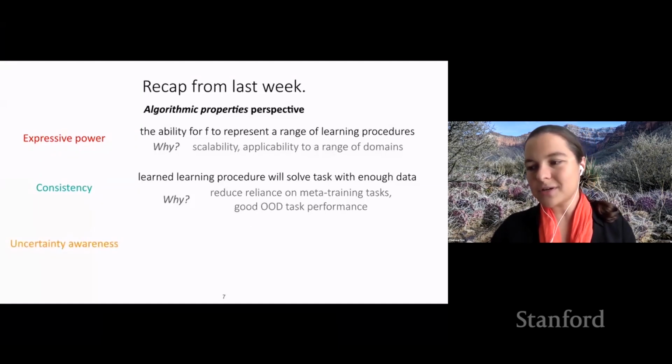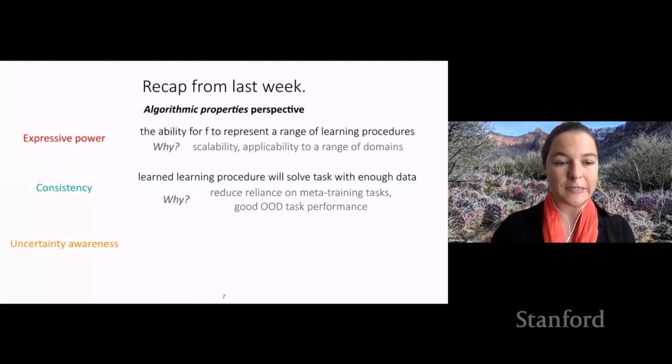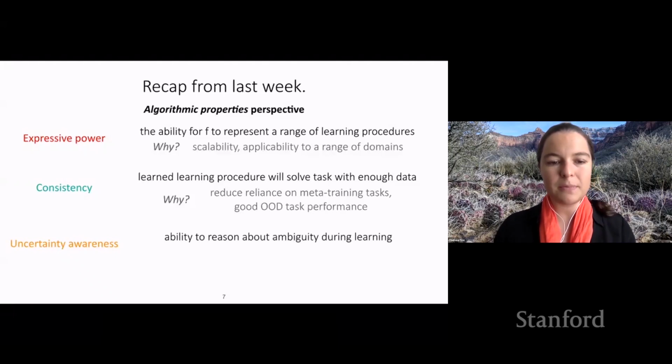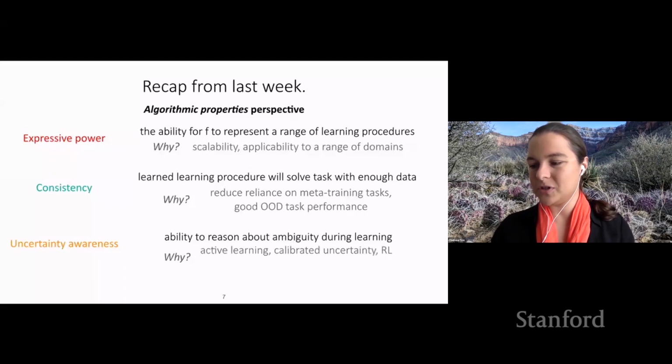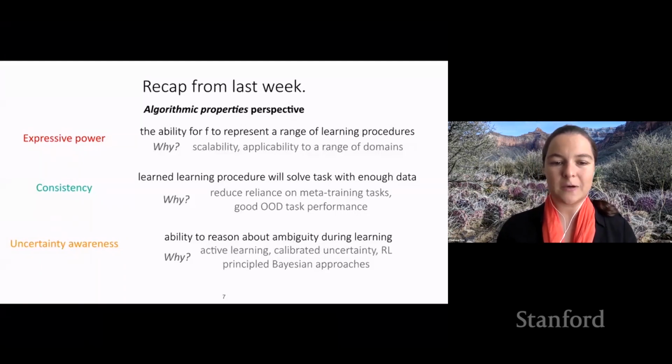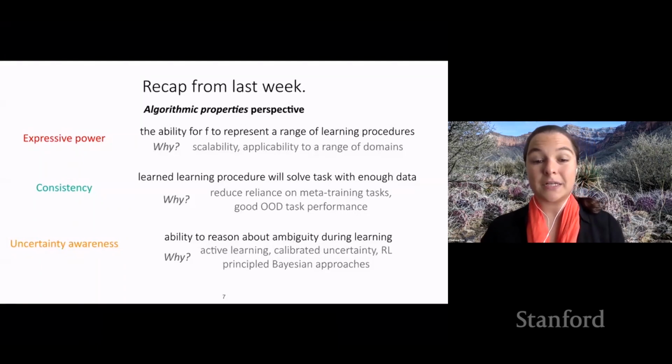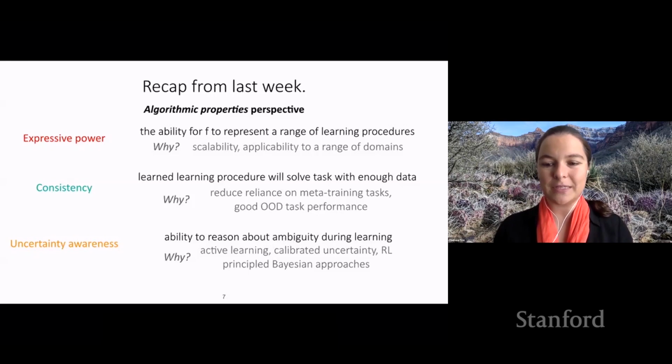And there was a third property that we mentioned on Wednesday last week, where we were talking about uncertainty awareness, where we want to be able to reason about ambiguity during the learning process, which may help in a variety of situations such as active learning and reinforcement learning, and also bring in some principled probabilistic interpretations to these algorithms. And this kind of last property is exactly what we're going to be talking about today.